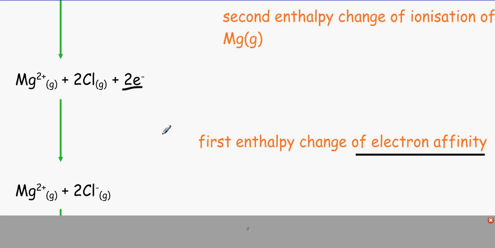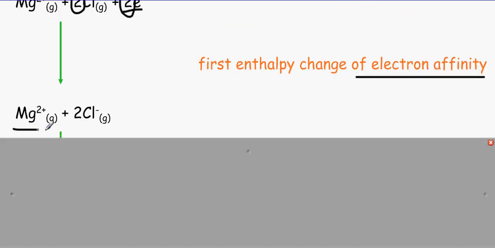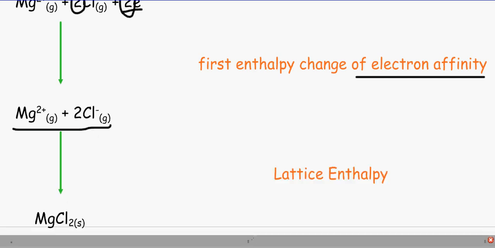In the next video, when we talk about the Born-Haber cycle, you will find out in experimental data that you need to multiply it by 2, because we've got 2 chlorine atoms there. So we end up with this Mg2+ plus 2 Cl-. Now we have the ingredients we need for them to join together to make MgCl2, and this process is called lattice enthalpy.